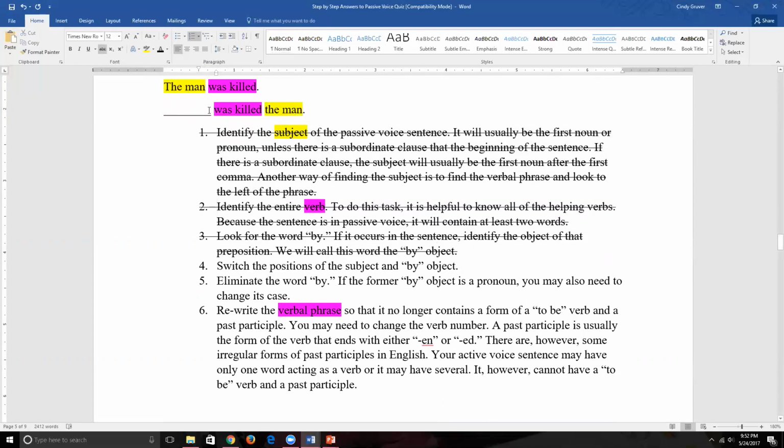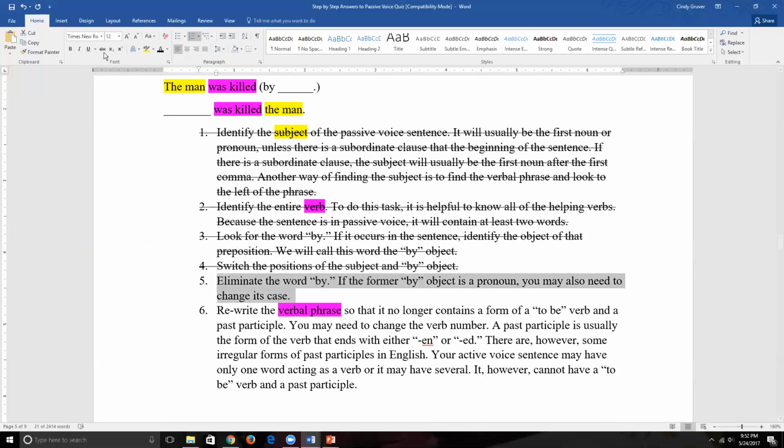And again, this blank is where we would have had, I'm just going to add it here just for pretend for a second, just so we can see the structure. Okay? So we've switched these spots. And now we don't have to eliminate the word by because we didn't actually have it. We don't have any prepositions in this sentence, so we don't have to worry about step 5.